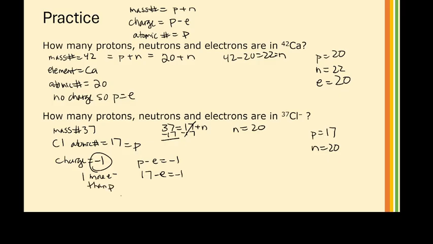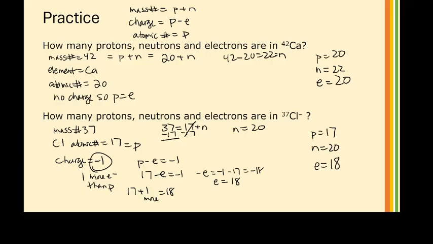So I'm just going to take the number of protons, 17, and add one more, and I get 18. Either way, I'd get that there are 18 electrons. With algebra, I'd find that -E equals -1 minus 17 equals -18, and so E equals 18. So the math is actually harder doing it by algebra than talking yourself through it, but both methods will work.